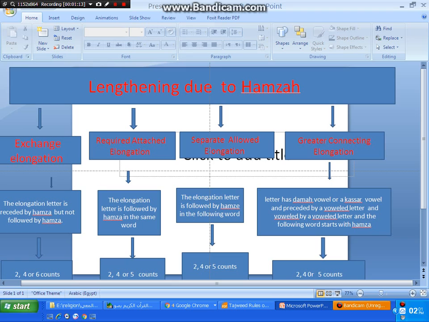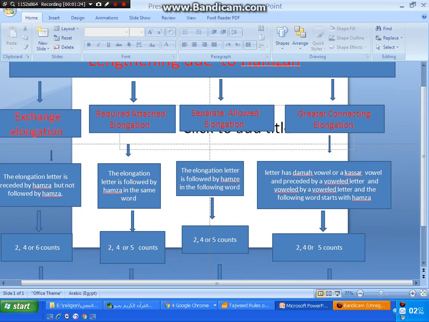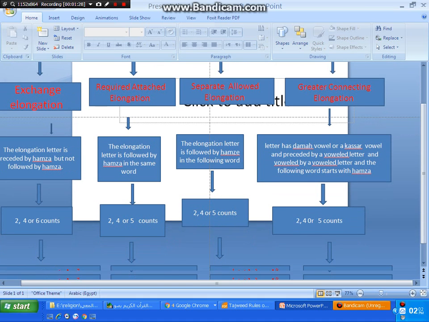This happens when the lengthening letter is preceded by Hamzah, but it isn't followed by Hamzah, and in this case we lengthen or prolong it by 2 or 4 or 6 counts.